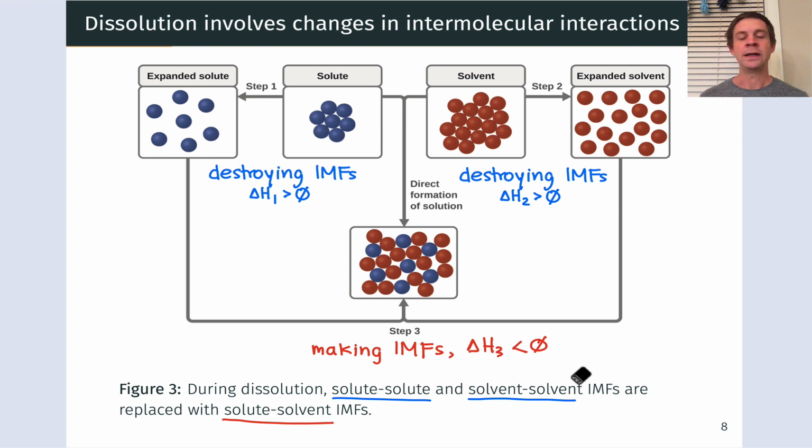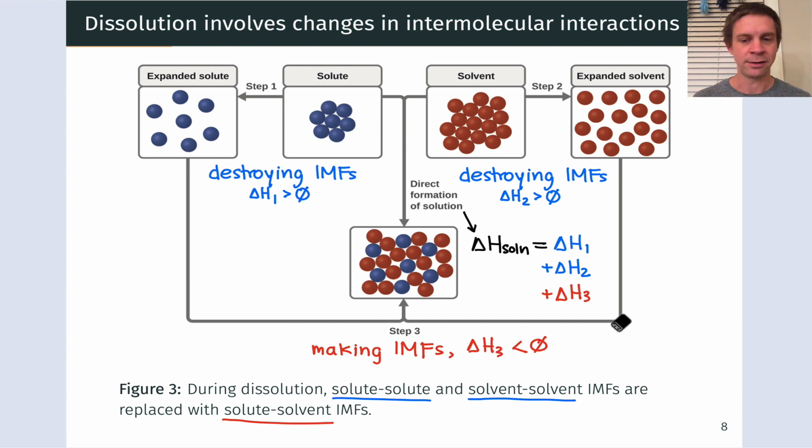Now let's ask about the overall enthalpy change of solution formation, or just enthalpy of solution for short. The enthalpy of solution here we can reason through using Hess's law. The solution process is step 1 plus step 2 plus step 3. So the overall enthalpy change will be delta H1 plus delta H2 plus delta H3, where I'm color coding the delta H's based on whether we expect them to be endothermic, positive, or exothermic, negative.